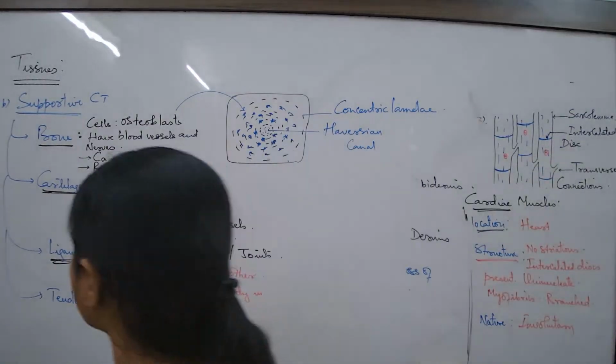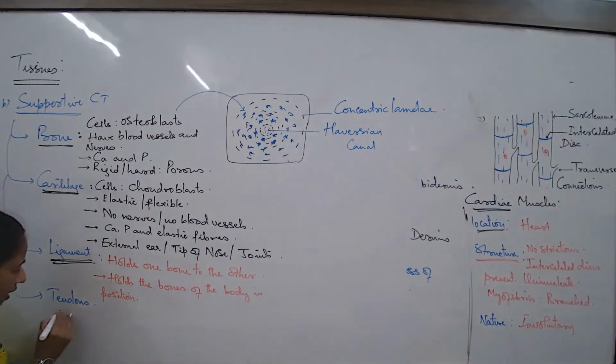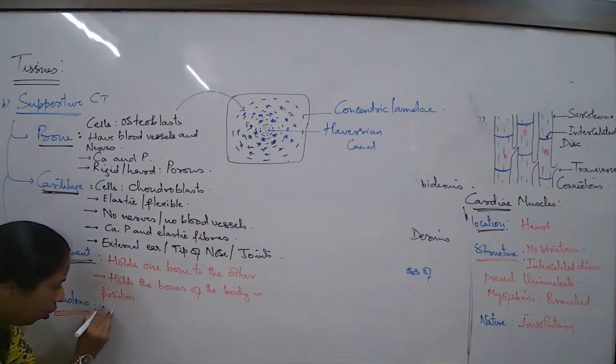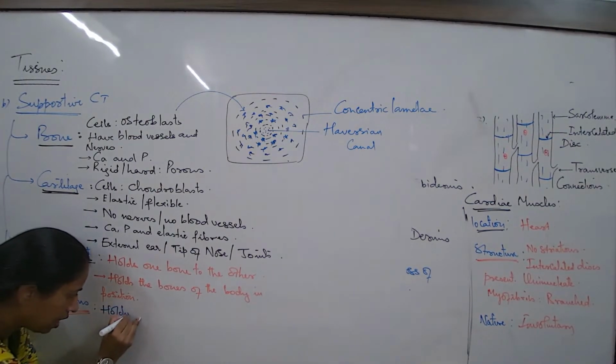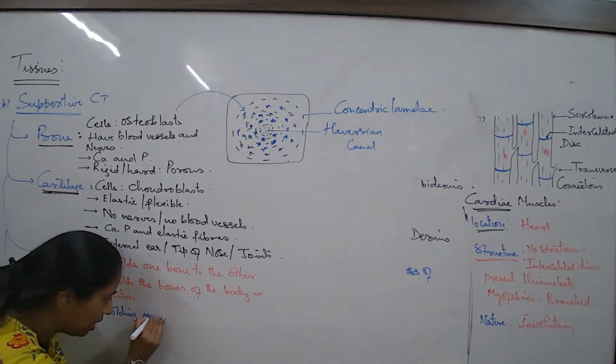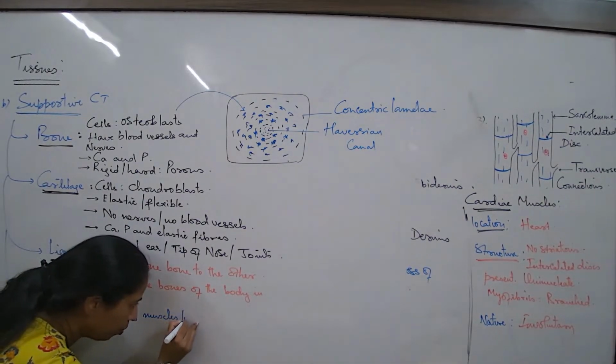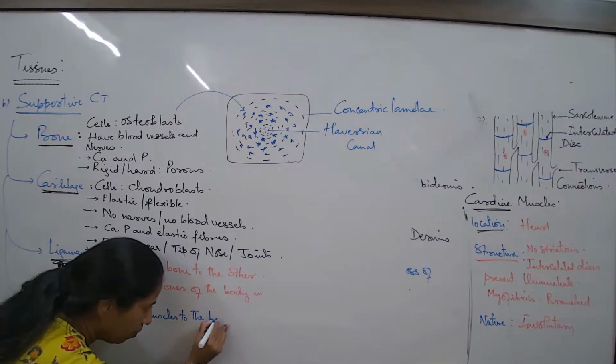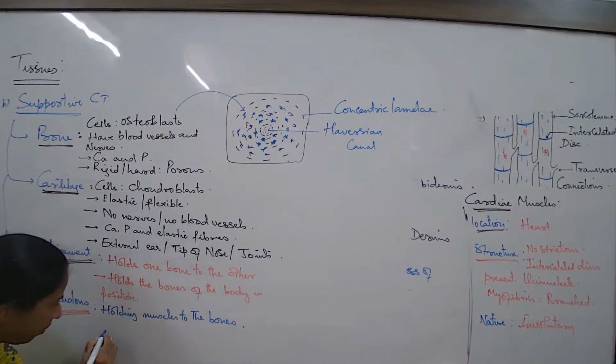Let us talk about the next. What about this? The tendons. What are these tendons for? The tendons are holding the muscles to the bones. Then what is the benefit we enjoy?